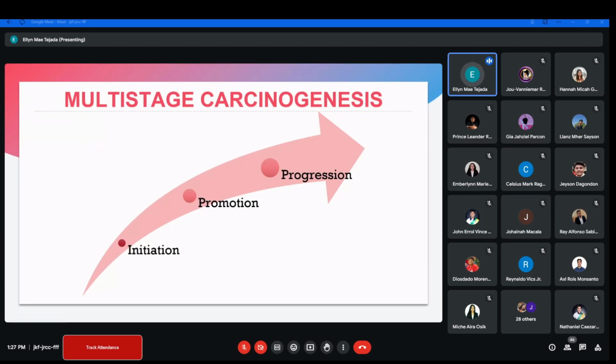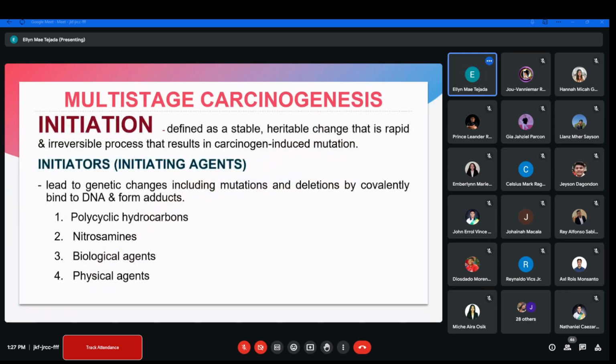Operationally, these stages go one after the other: initiation, secondly promotion, and the final stage is progression.